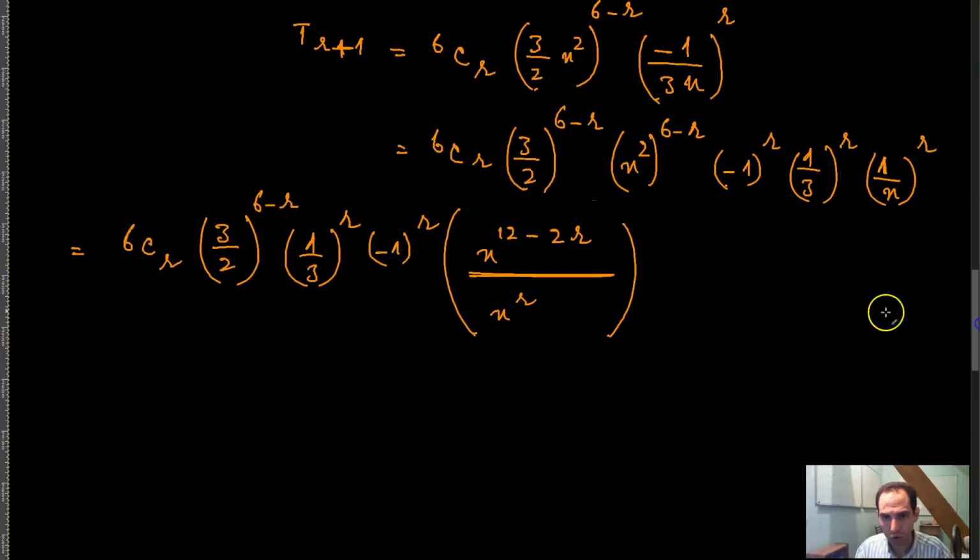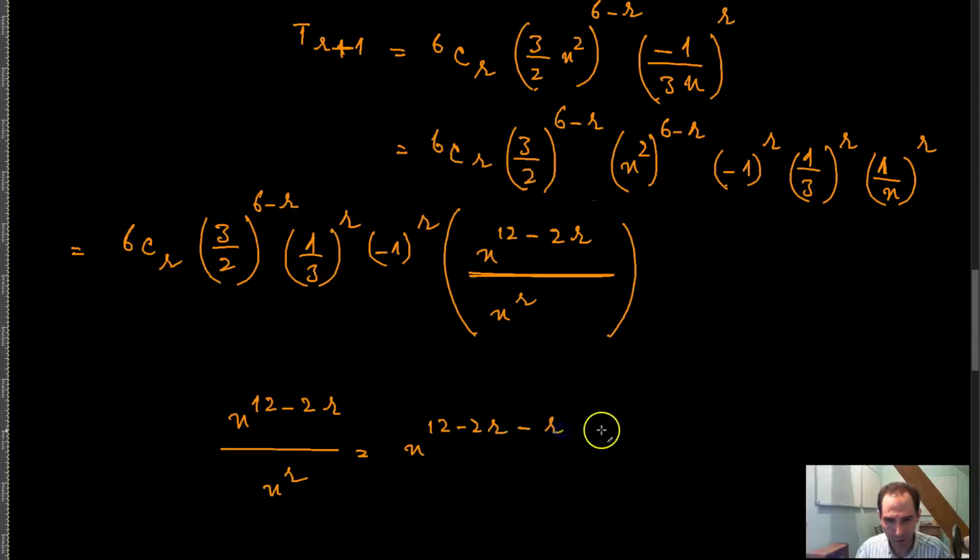So x raised to the power 12 minus 2r divided by x raised to the power r is the same as x raised to the power 12 minus 2r minus r, which is x raised to the power 12 minus 3r.